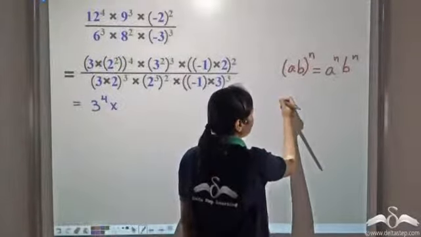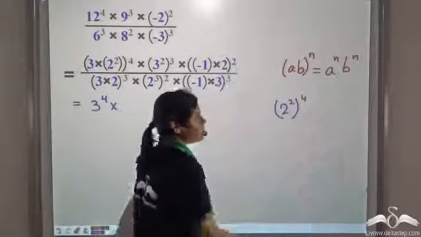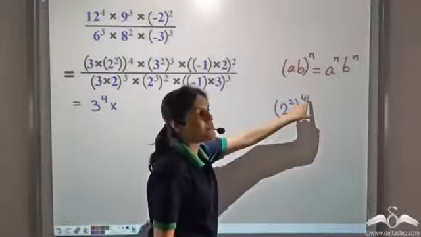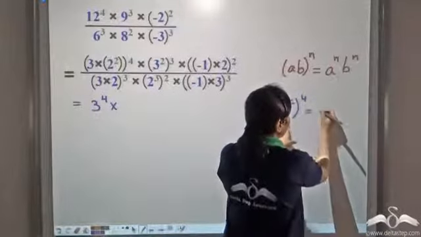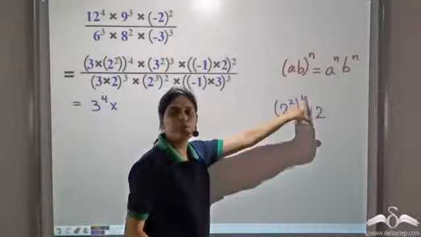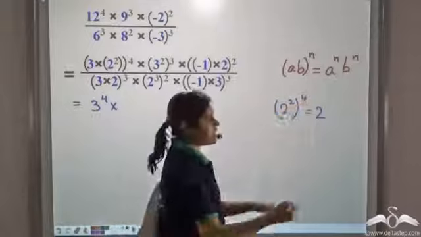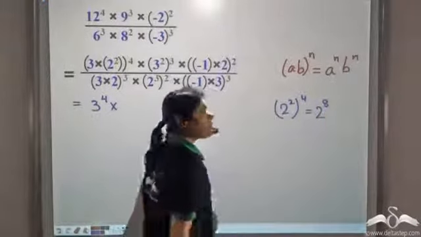Now 2 square to the power 4 is equal to 2 to the power 2 into 4. 2 into 4 is 8. So this is equal to 2 to the power 8.